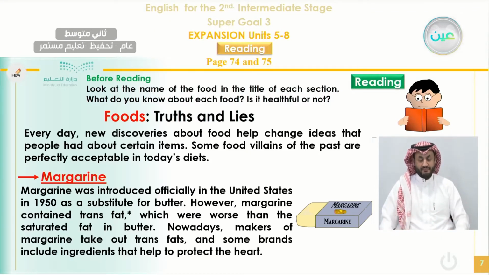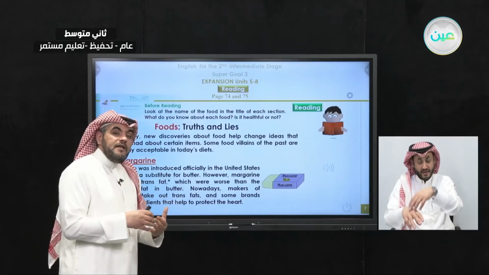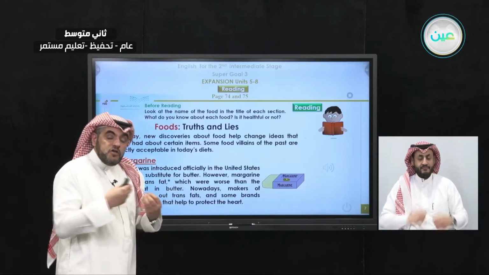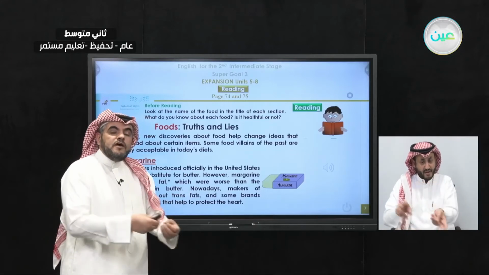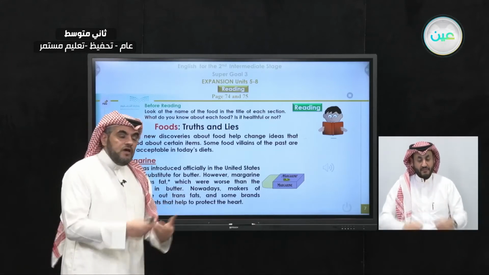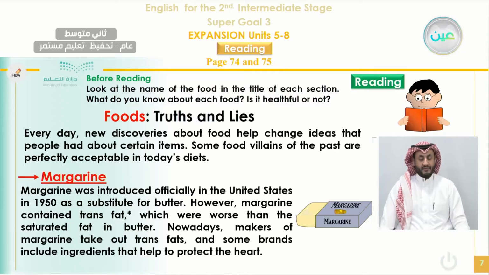Nowadays, makers, the people who make the food, or the nutritionists, as we're going to see later on, take out trans fats, and some brands include ingredients that help to protect the heart. They add some elements to the margarine to make it better for the body. Okay, so that is what margarine is.